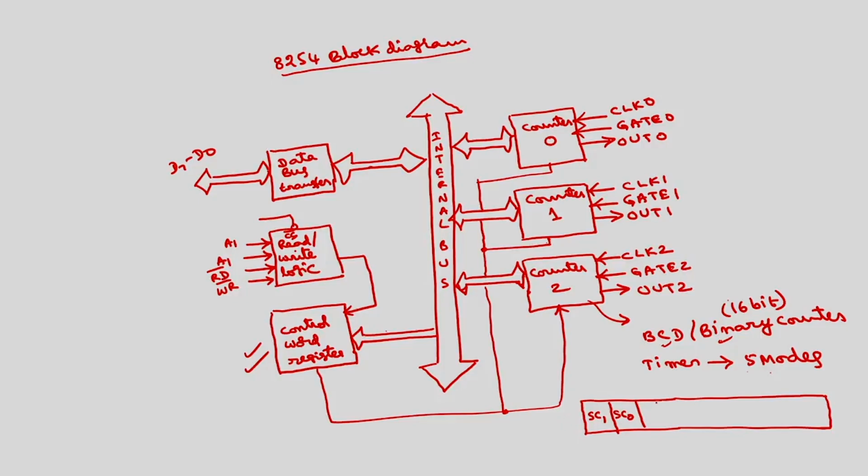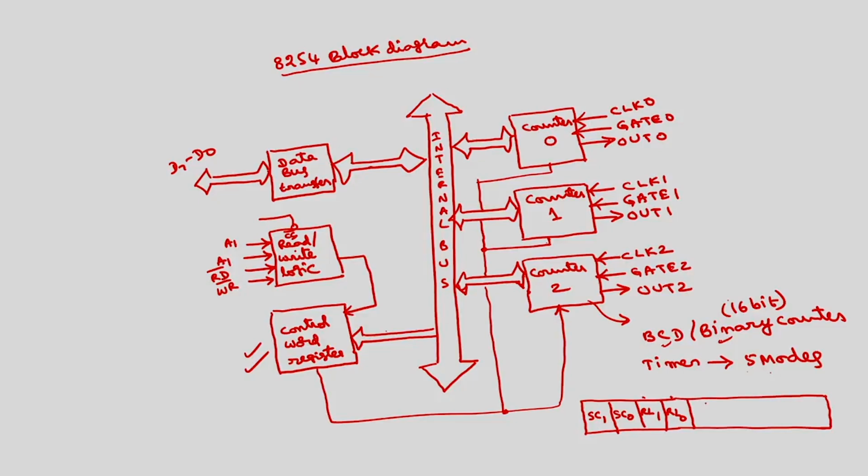Similarly, we have RL1, RL0, read or load either byte or word. Byte means lower order 8 bits or higher order 8 bits. Depending upon the status of these 2 pins, we can select either the lower order byte, the higher order byte, or both the bytes.